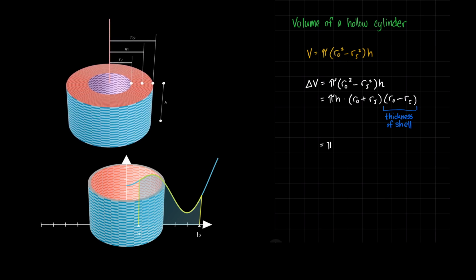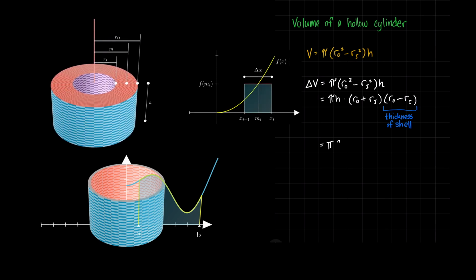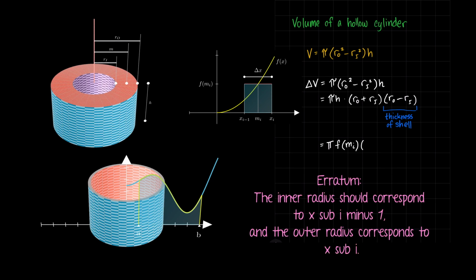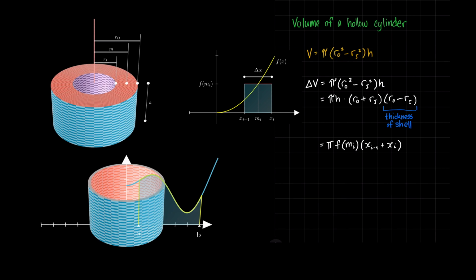Ngayon, i-compare natin dito yung ith approximating area that will generate this ith cylindrical shell. We can correspond the height of the shell with the value of the function sa midpoint, R sub capital O with yung x sub i minus 1, R sub capital I with x sub i, at yung thickness given by R sub capital O minus R sub capital I with delta x.